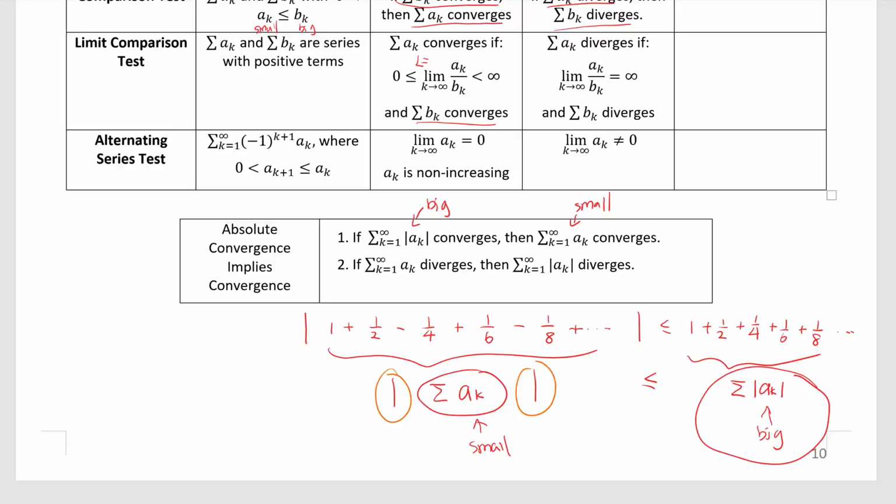If I don't use the absolute value, it could be a negative number, but the magnitude could be big. With the absolute value, I emphasize that it's the magnitude of the series. The series can be negative numbers, but the magnitude of it is bounded above by the sum of the absolute values of a sub k.